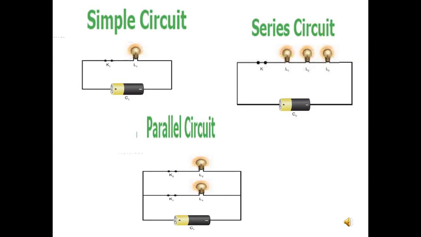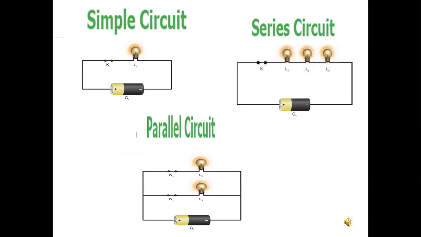Second, series circuit. If two or more bulbs are connected in series in a circuit, then the type of circuit is called series circuit. If any one of the bulbs is damaged or disconnected, the entire circuit will not work. Here, K means key or switch.